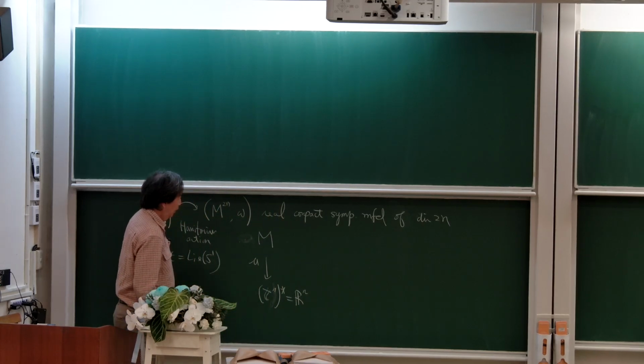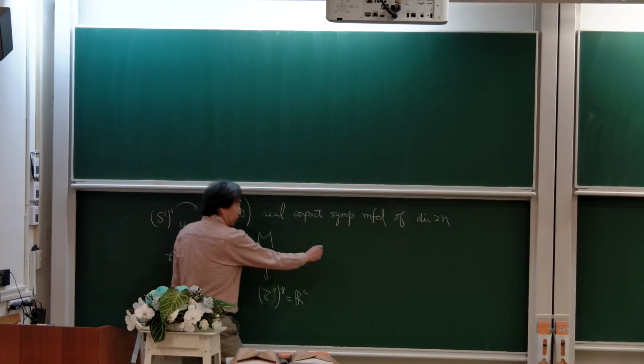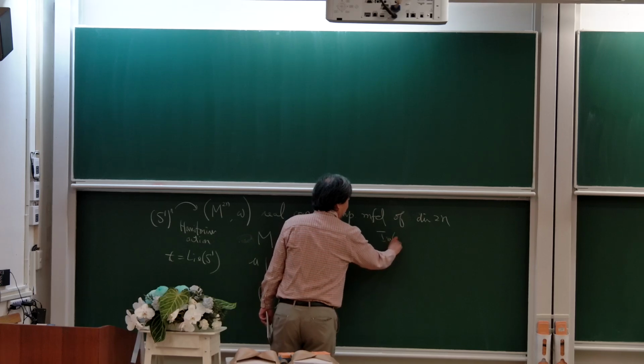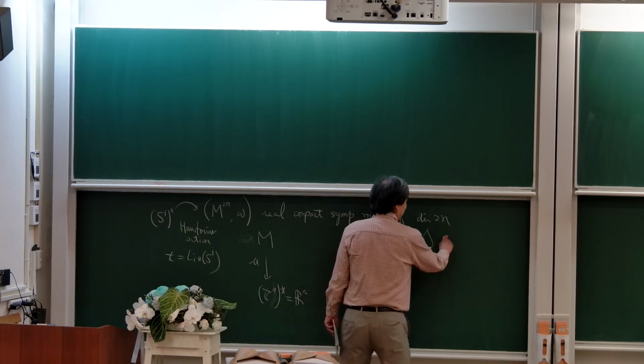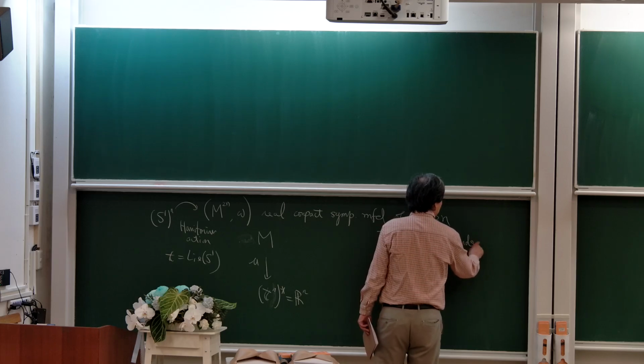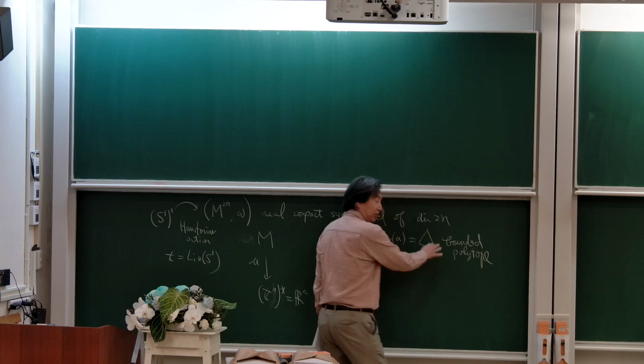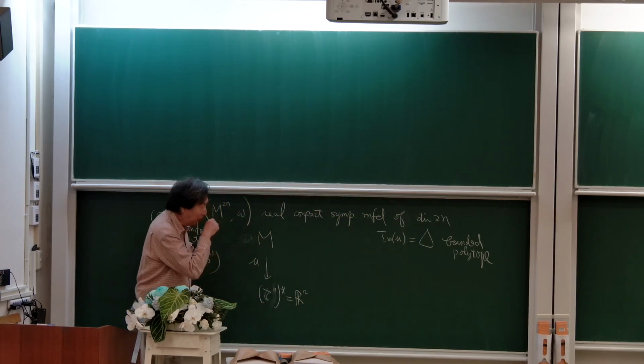Then the image of this moment map is a bounded polytope, which is called the Delzant polytope.